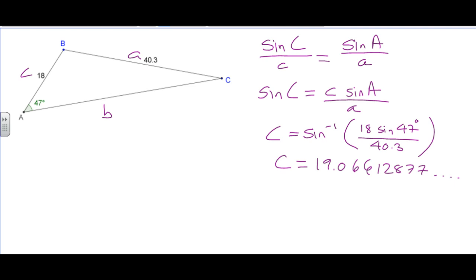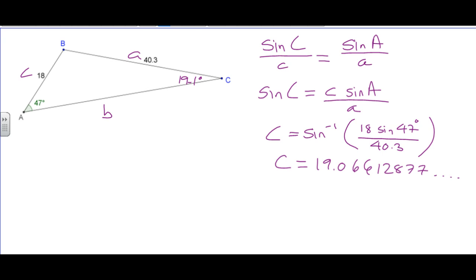Probably do this to the nearest tenth because the sides seem to be to the nearest tenth, but they should tell you. So angle C, 19.1 degrees.